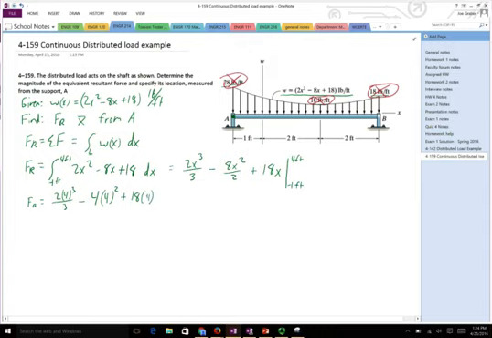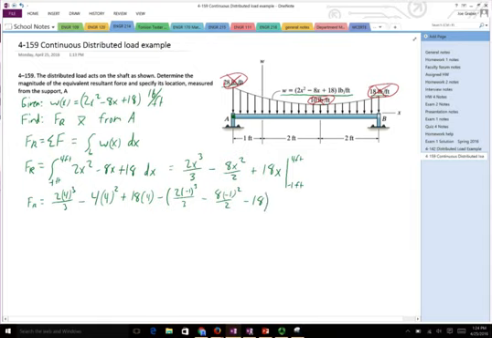Then we're going to subtract with -1 in there. We'll have 2 times -1 cubed over 3 minus 8 times -1 squared over 2 minus 18. Notice I plugged in the -1 for the x there. That's where I got the minus sign from.